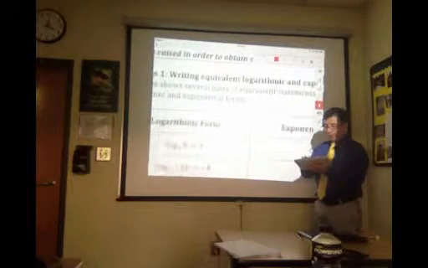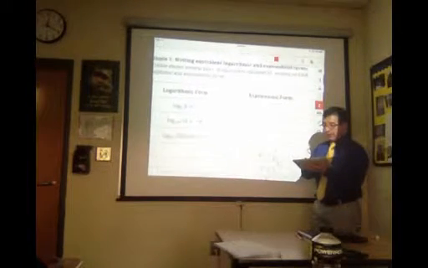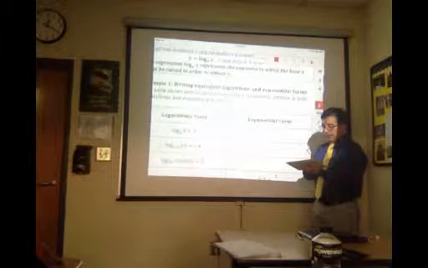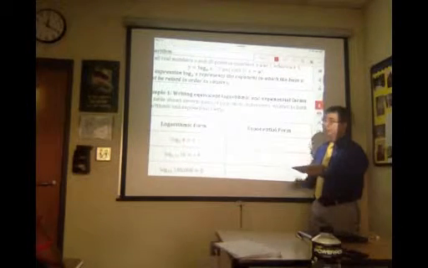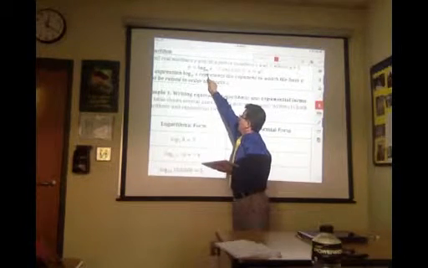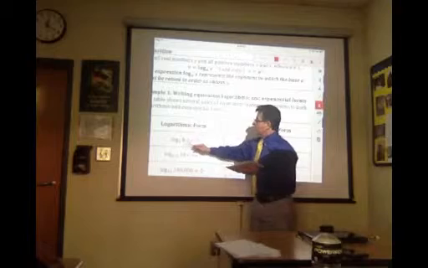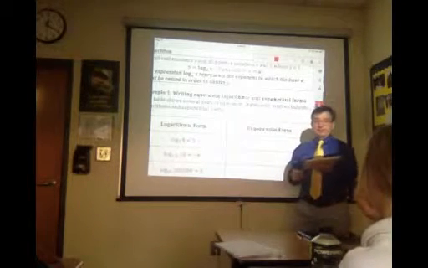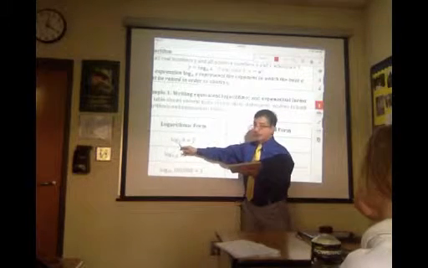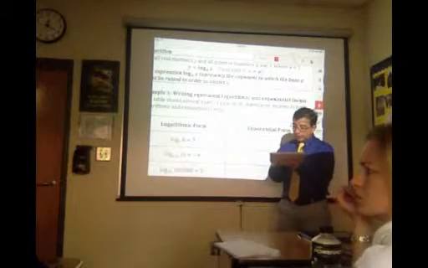For these examples, I will do the first one, then you help me with the second one. I have logarithm on base A of x is equal to y. So what is the base in this part? 2 is the base, so let me put the base as 2.